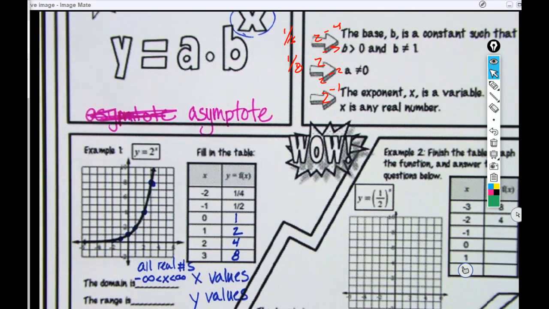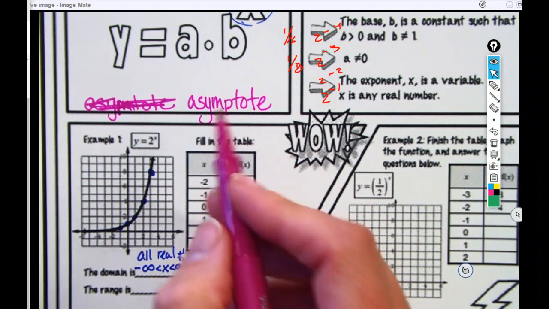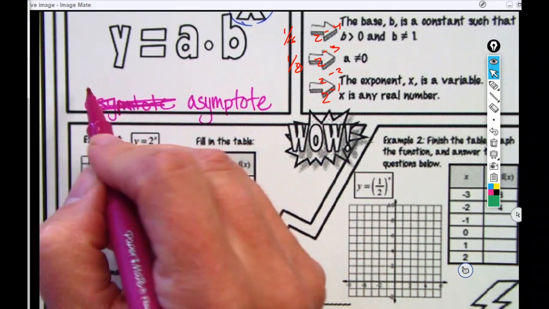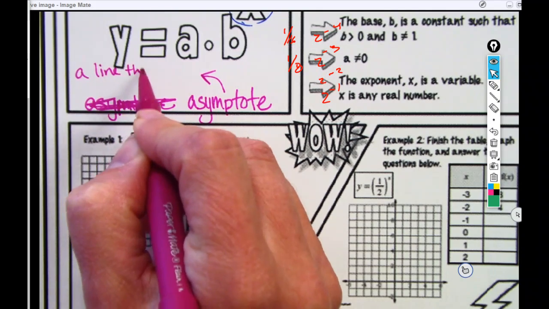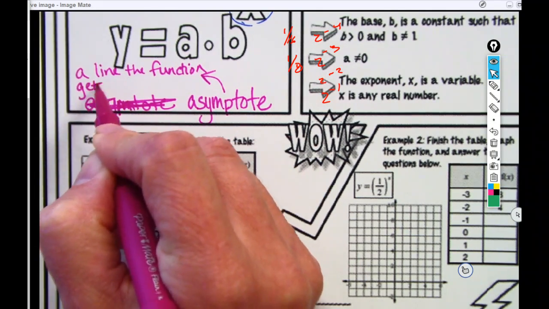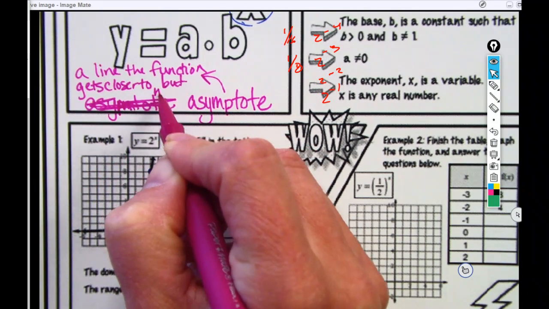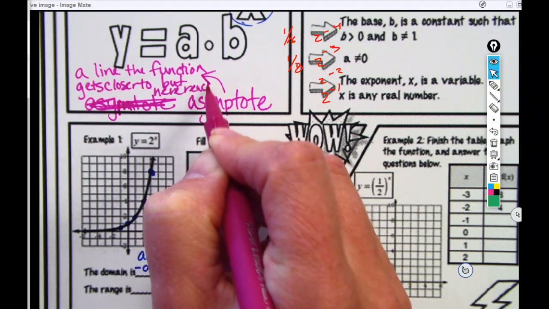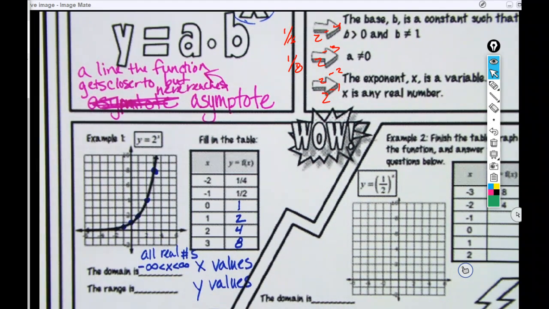Asymptote. I think you introduced it to us, but we never used it. He probably did introduce it to you, I think. An asymptote is a line the function gets closer to, but never reaches.